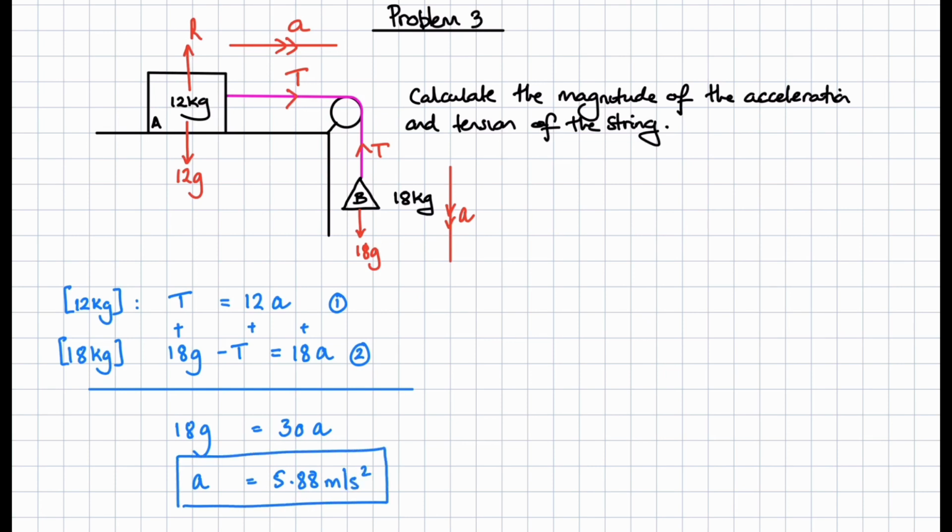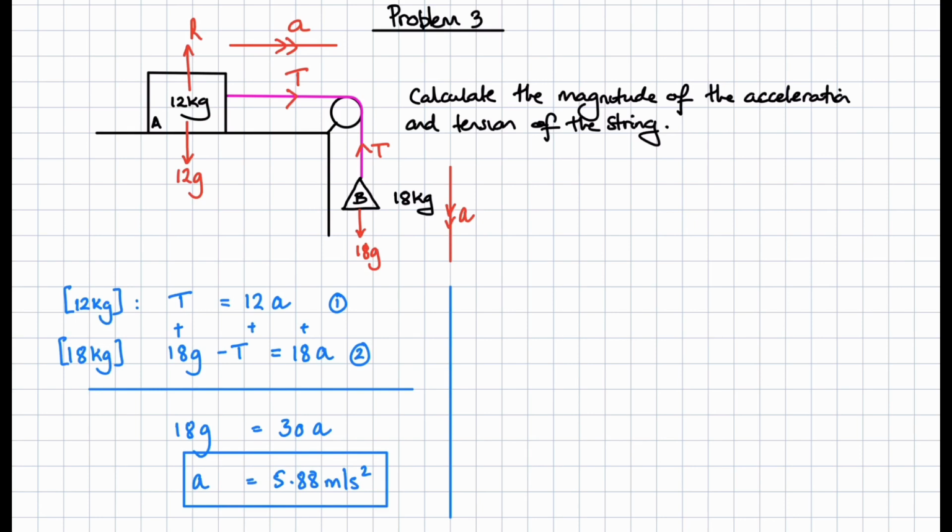So, now that we've calculated the magnitude of the acceleration, we're now ready to also calculate tension. To calculate tension, it'd be a good idea to use equation number 1.